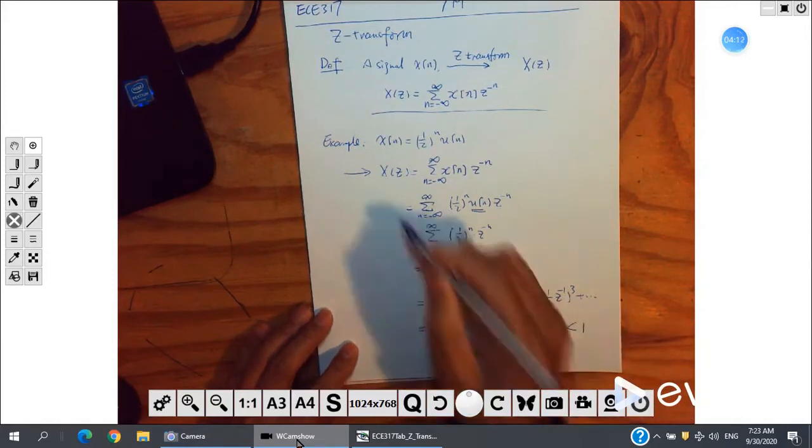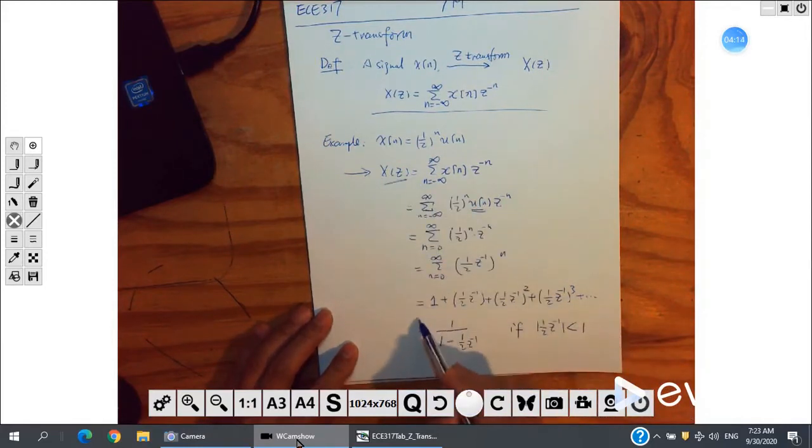So we have X of z as a summation of infinite terms. It's a geometric series, and the closed form of this infinite summation is this one, in case 1/2 z to negative 1 is a number smaller than 1.